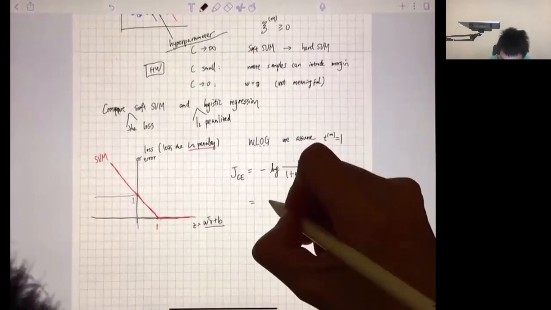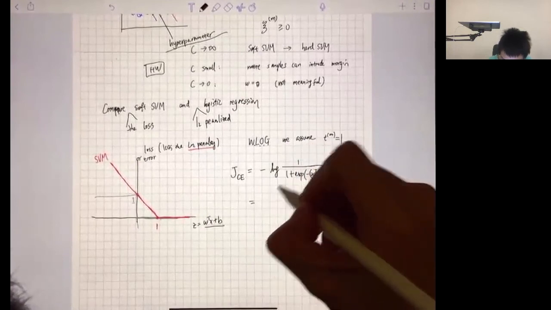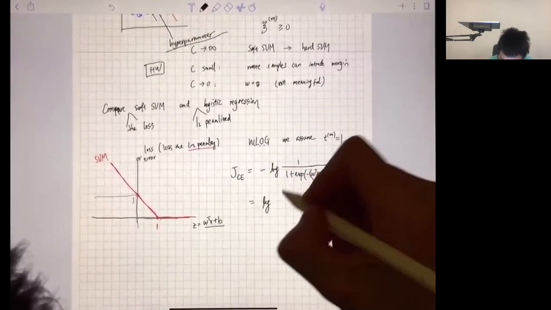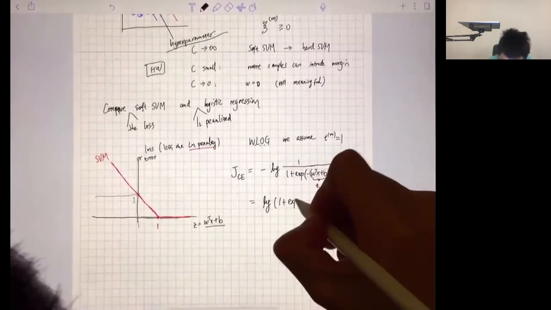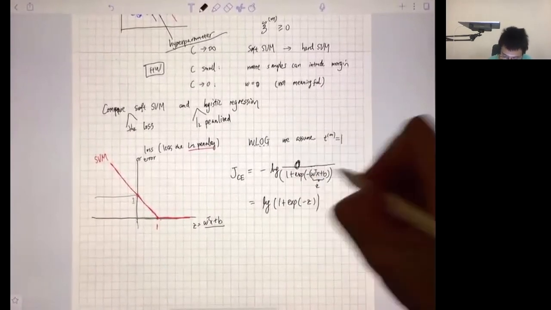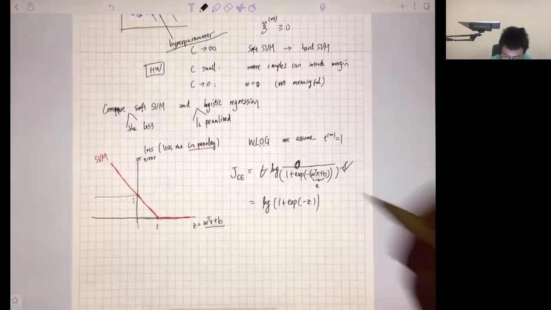So I can say this is log of 1 plus exponential of minus z, because this minus sign cancels with that.